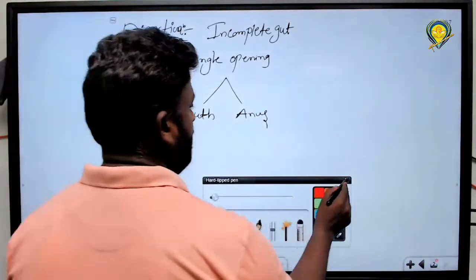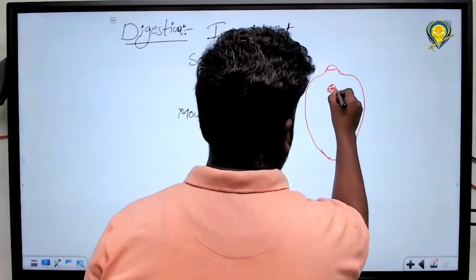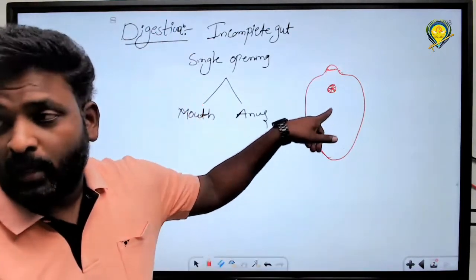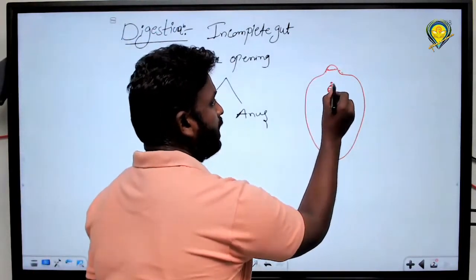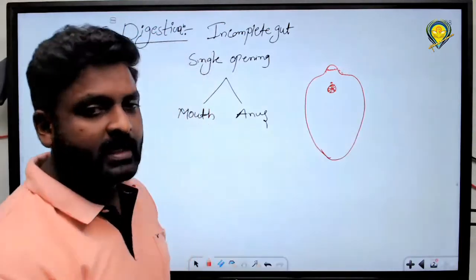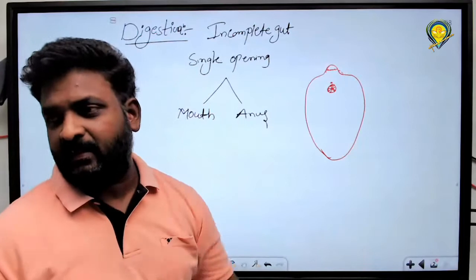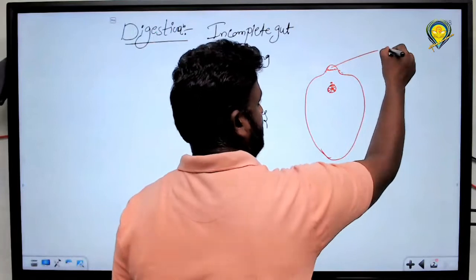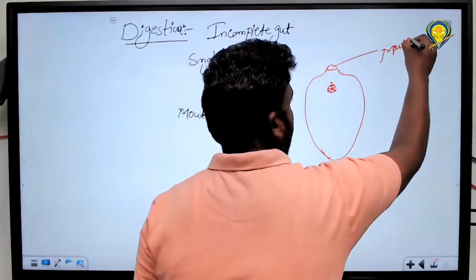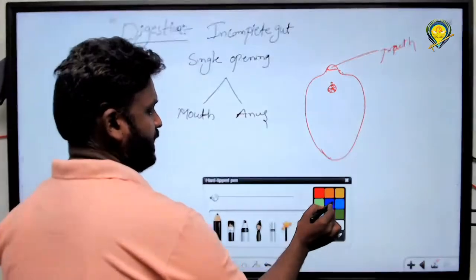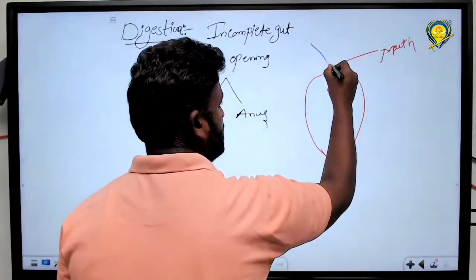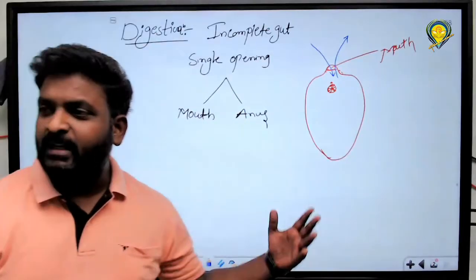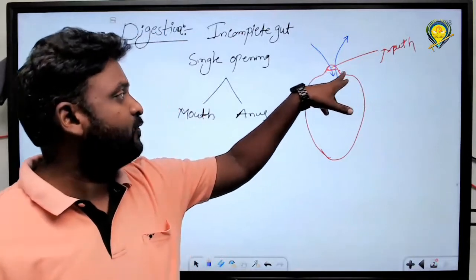If you can see the animal here, this is the gonopore, and this is the acetabulum, and here are the suckers. And this is mouth-like, useful for both ingestion as well as digestion. Got it, all of you? Hence it has only a single opening.